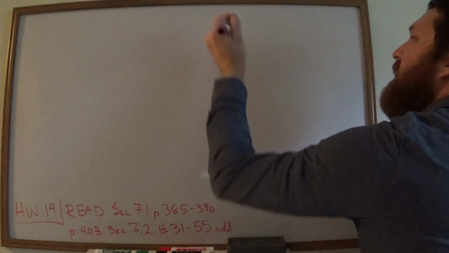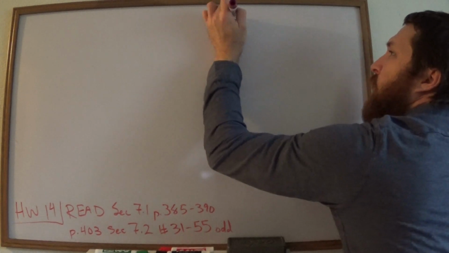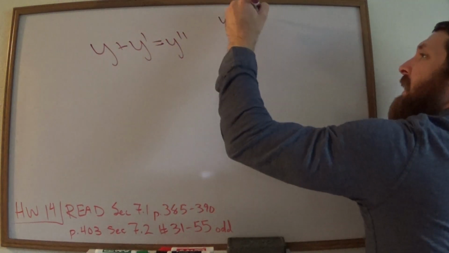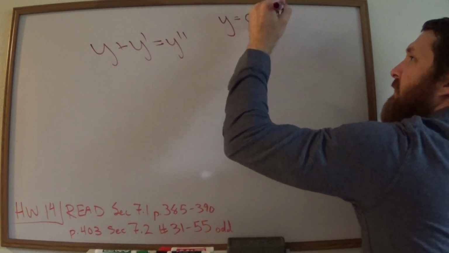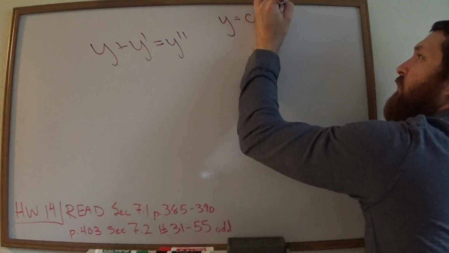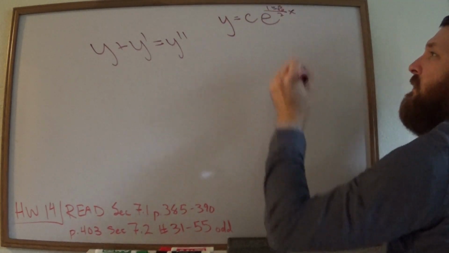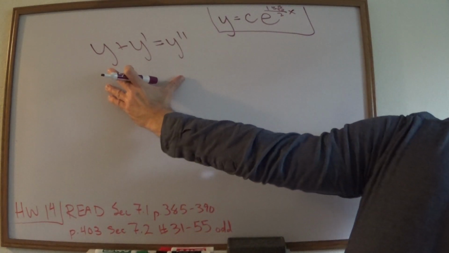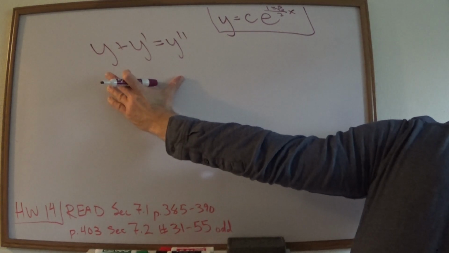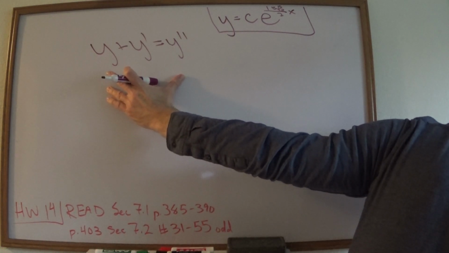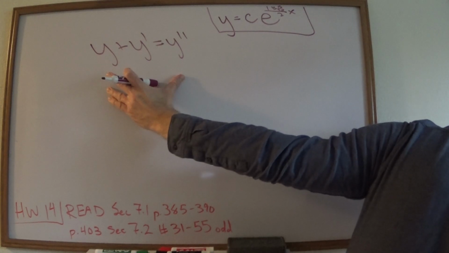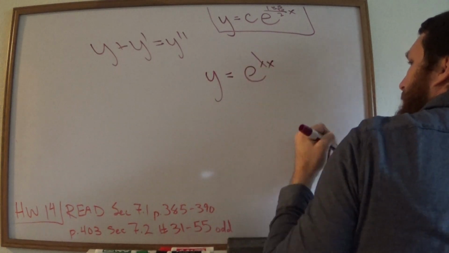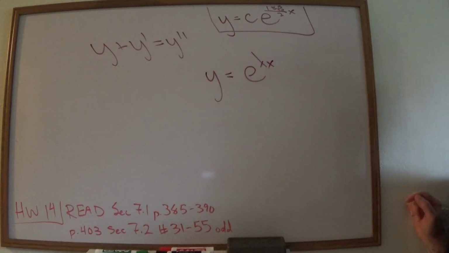The one that we just found, with the one that we had, which was y plus y prime is equal to y double prime, the solutions have this form, 1 plus or minus root 5 over 2 x. Your book will give you this, and it'll say, find the values of lambda for which y equals e to the lambda x is a solution to this.